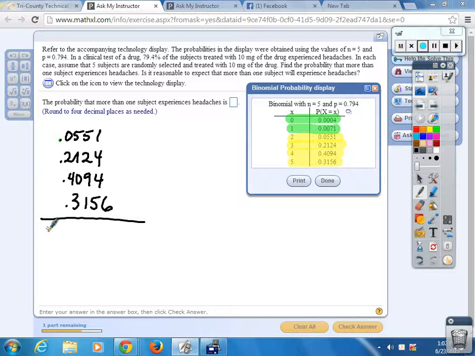If you want to add those up, you need to use your calculator. Unless you're Rain Man, you're not going to be able to add them up in your head unless you sit there for 15 minutes and look at them. Or you can do 1 minus the complement.